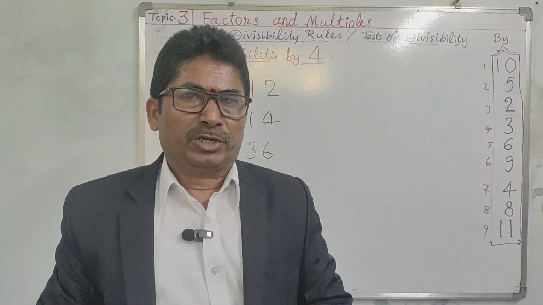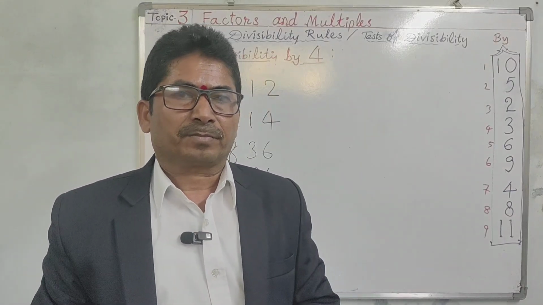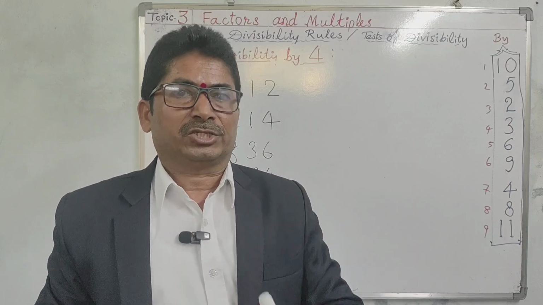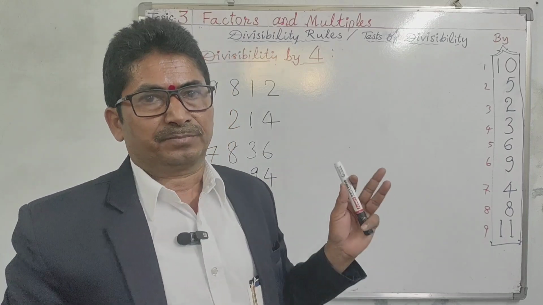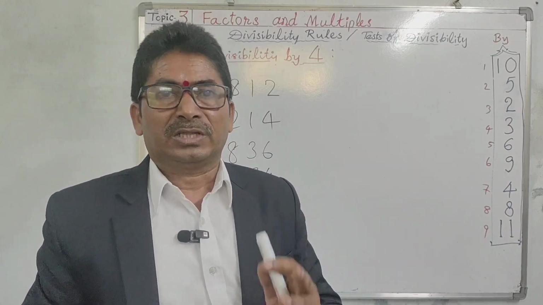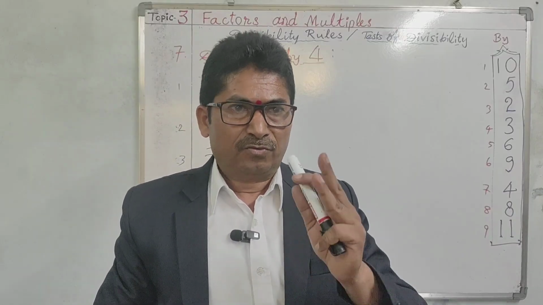What is the divisibility rule of 4? If the last two digits of a number, from left to right the last two, are divisible by 4, then the number is exactly divisible by 4.